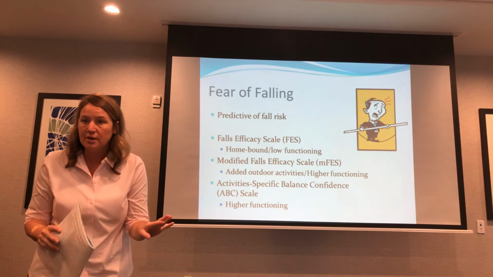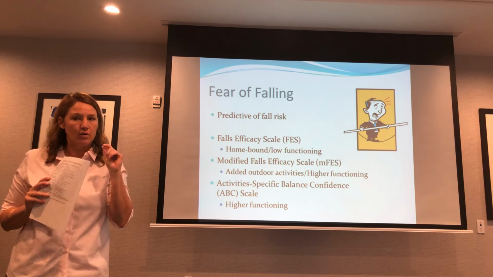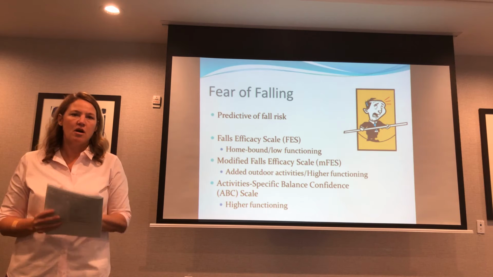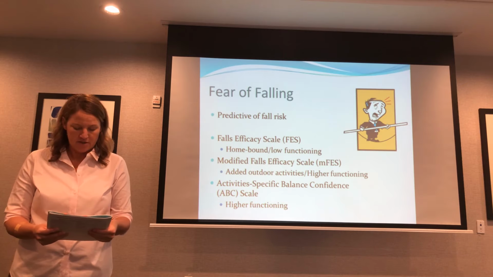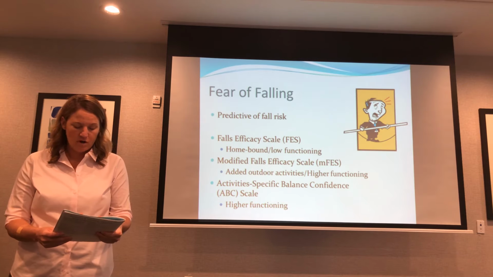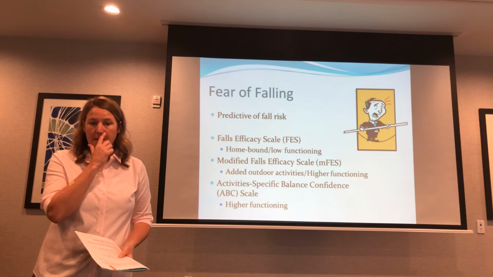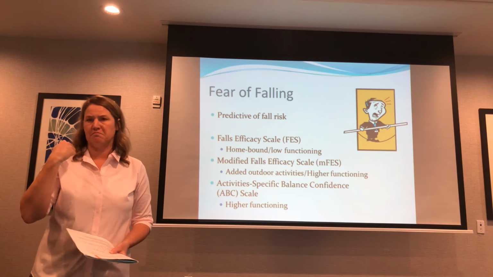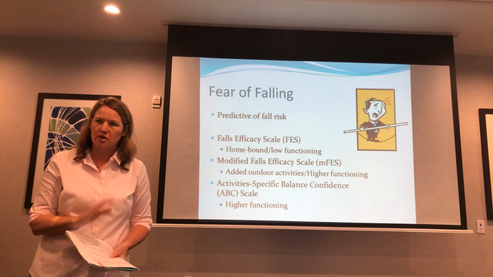I'm not asking you to do them, and I'm not even telling you to ever do these things. I just want to know, if you were to have to do them, how confident are you that you could do them without losing your balance or without falling? So walk around the house, walk up and down stairs. With something like up and down stairs, they may tell you, well, I'm 100% sure I could go up the stairs, but I'm only about 70% sure I could go down the stairs.